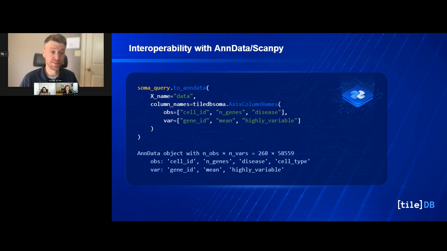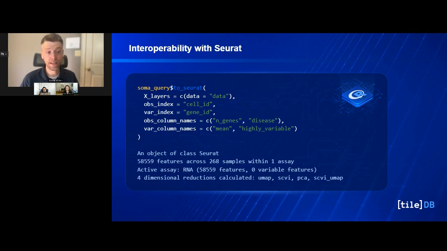And notice we can even sub-select which attribute should be included in the result. So again, you have a lot of flexibility here. And of course, we provide similar methods for working with Seurat and Bioconductor objects if you're using R. So again, this allows you to store your data once as a SOMA experiment, and then gives you the flexibility to analyze it with Seurat, Bioconductor, or Scanpy.